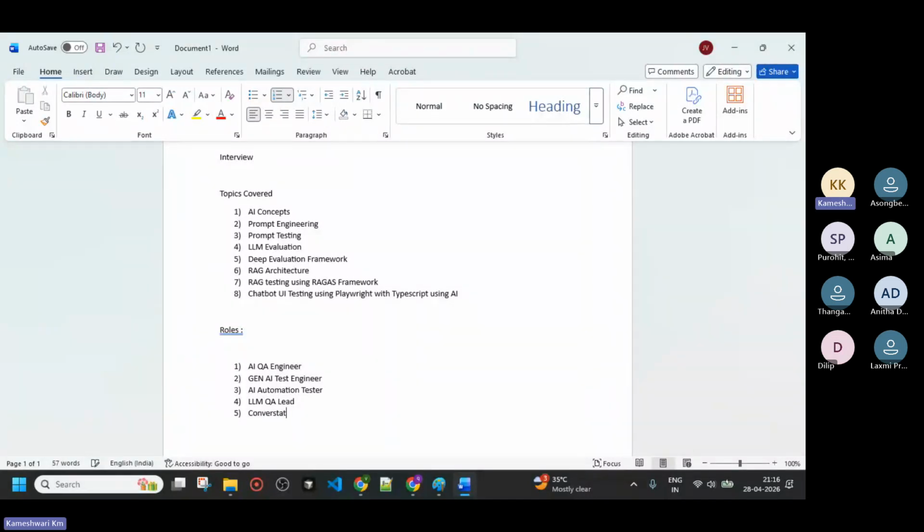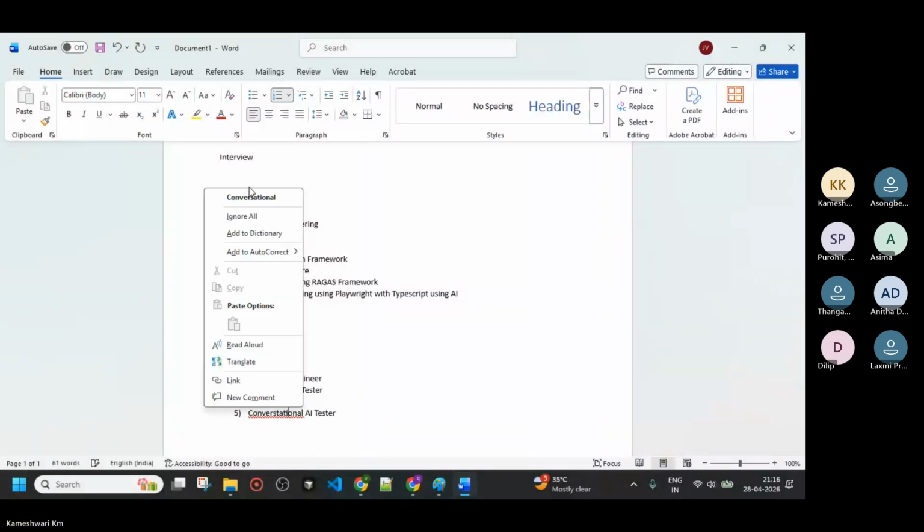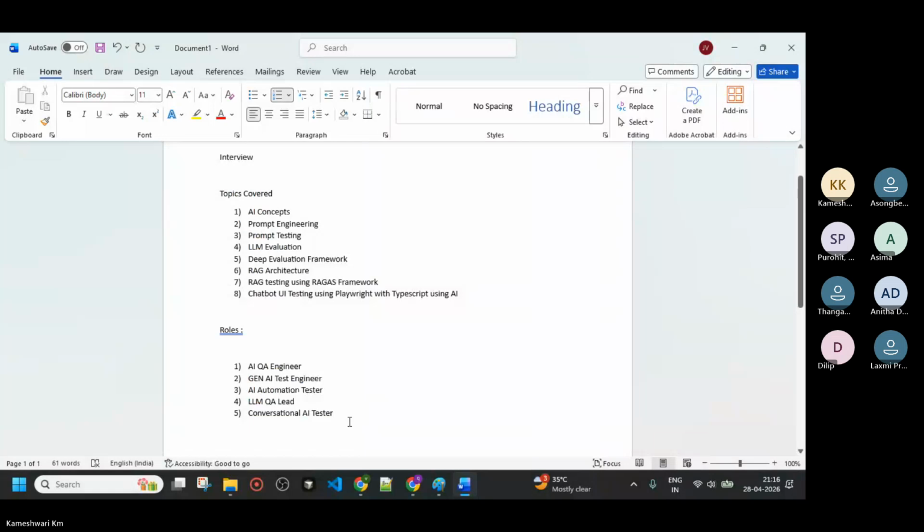Next, conversational AI tester. Conversational AI tester mostly has wide openings in the market. It is about the responses from the chatbot, how you are going to get the answer. You are designing the utterances for a particular question or answer, designing and storing it.